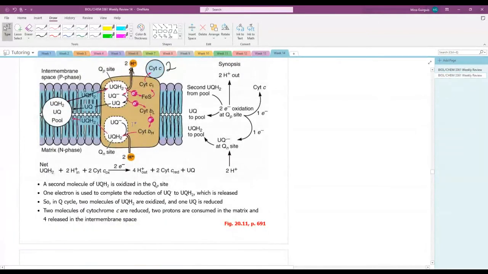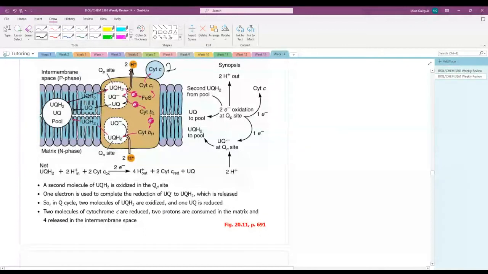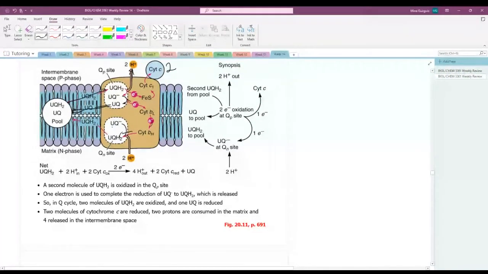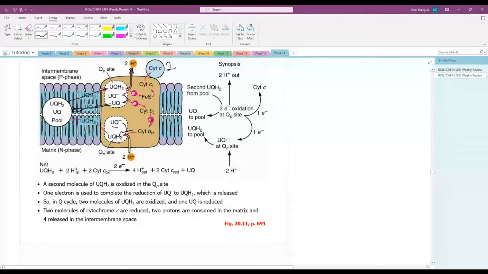And I forgot to mention them in the first step, I apologize. And now this UQ is converted back into UQ, and we're happy with that. The second electron once again goes through 2 cytochrome Bs, and it helps convert our semiquinone back into a ubiquinol fully. Okay?